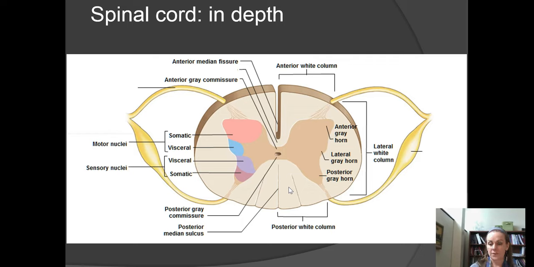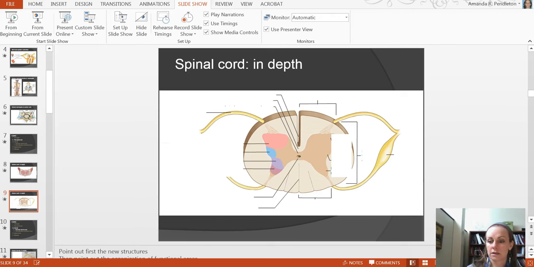down. Okay. So what this means is if it's sending information up, it contains sensory information going in. And if it's sending information down, that means it has motor commands. So we are actually going to call these tracts, which are going to be these bundles of nerves going from one location to another.